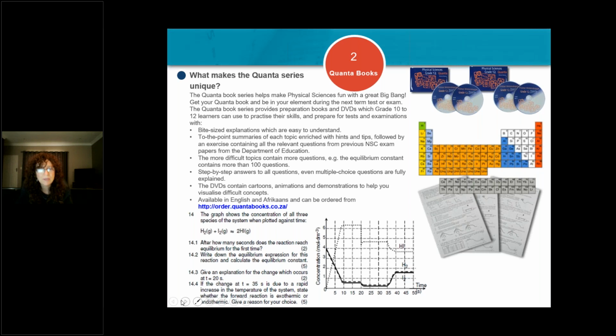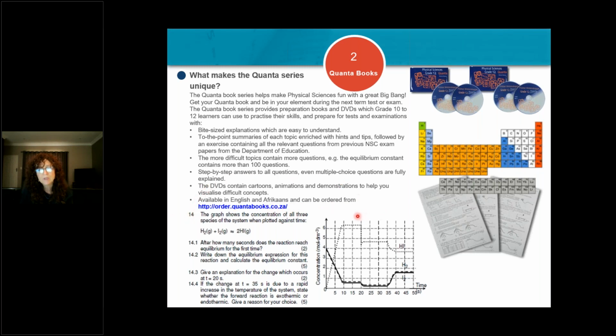So learners, just by working through question papers and question papers and question papers, make sure that you do understand the answers. If you work through the questions in the Quanta books and you have an answer and are not sure why that answer is what it is, you can simply ask.